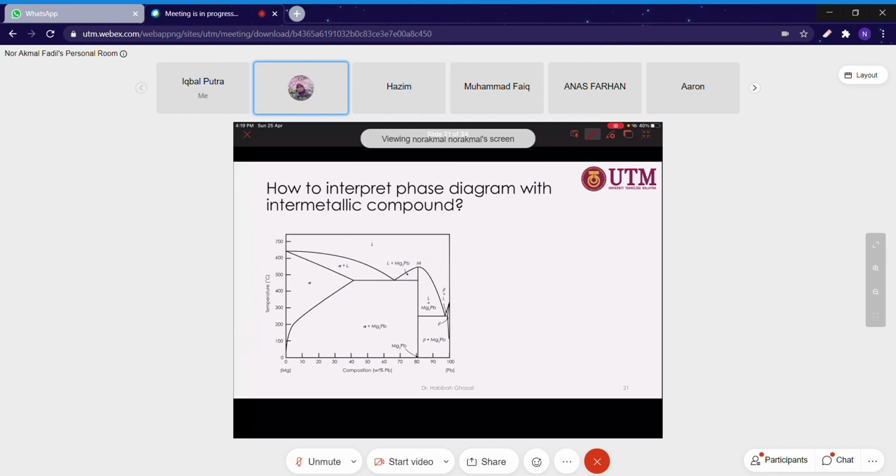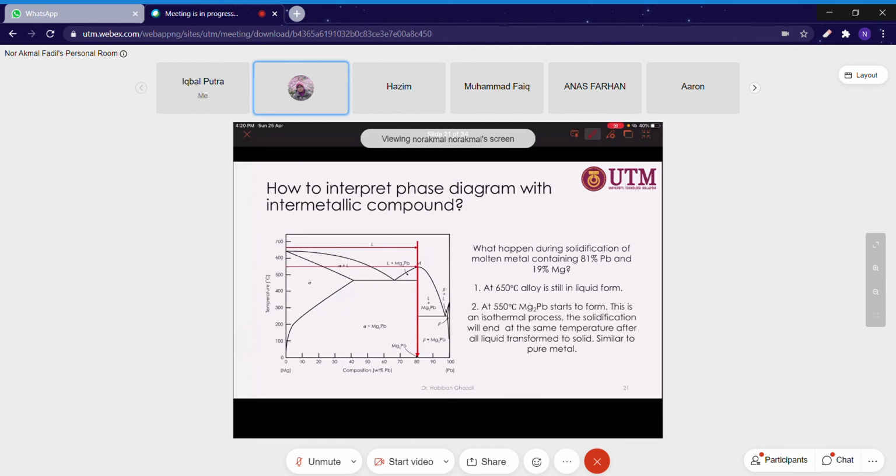So how do we integrate the phase diagram with the intermetallic compound? What happens during solidification? Molten material containing 81% plumbum and 19% magnesium will solidify forming one single phase. At 650 it is still in liquid form, and then at 550 degrees Celsius, magnesium 2 plumbum starts to form.